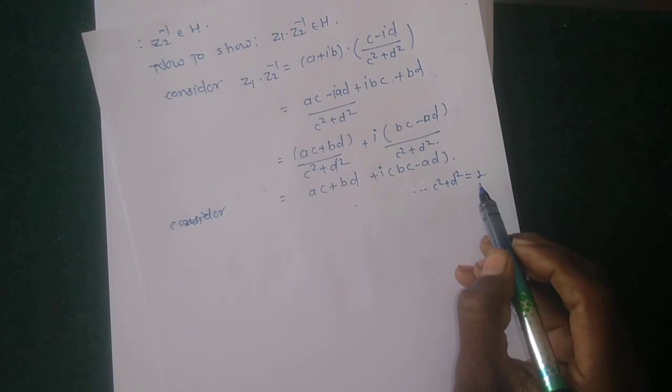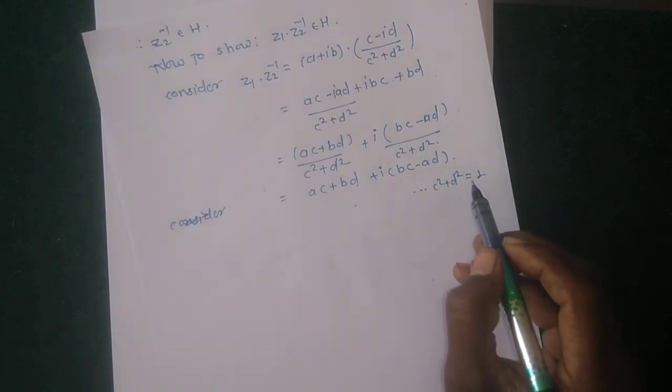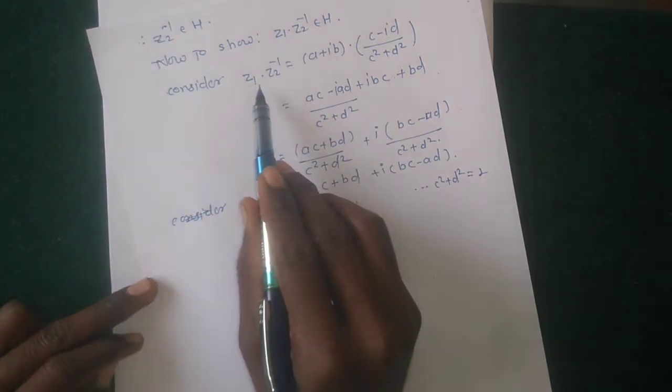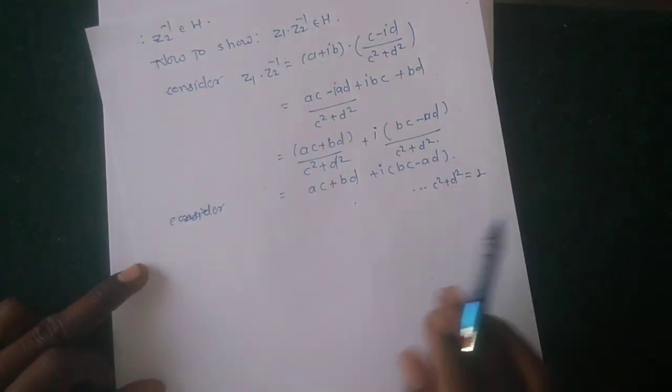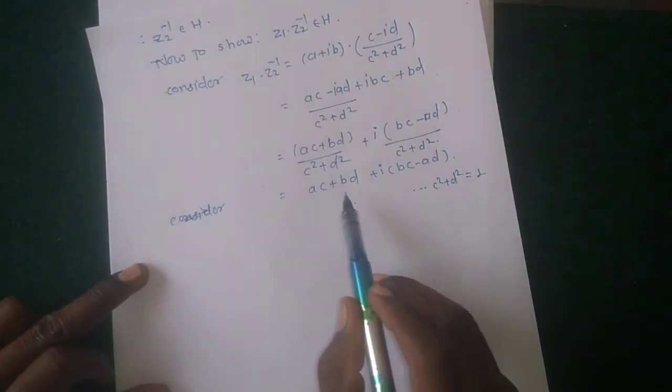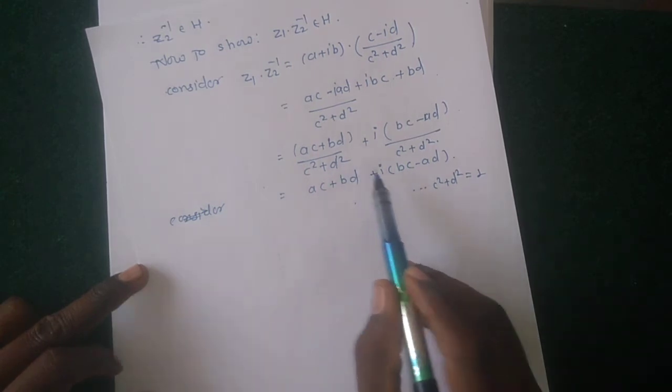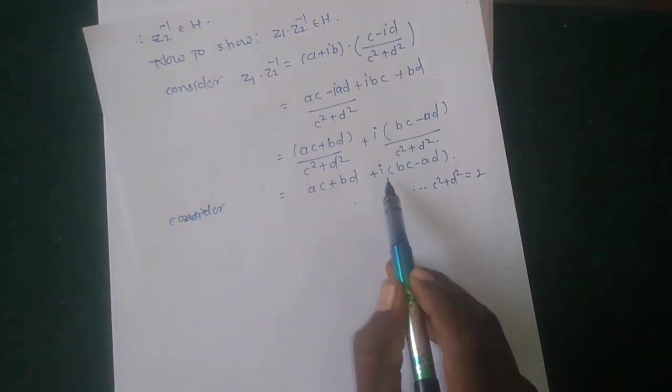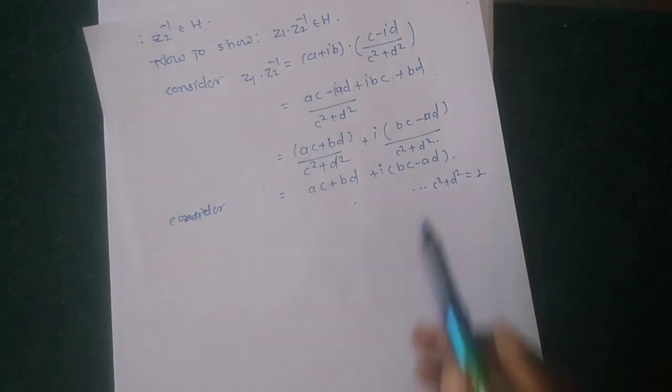Therefore we get Z1 into Z2 inverse value must be AC plus BD plus i into BC minus AD.